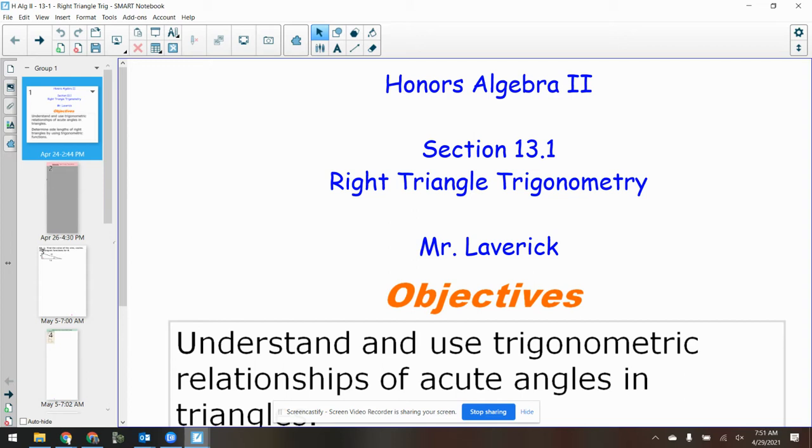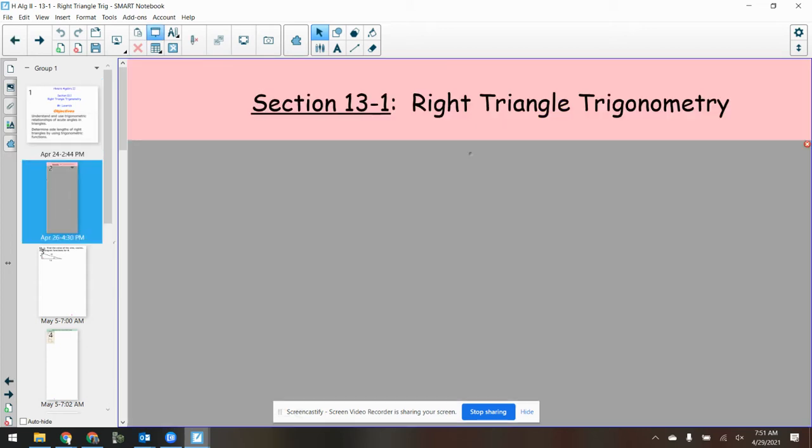Sine, cosine, tangent? That's what we're going to talk about today. Beyond today, it should be all brand new stuff. Except for, did you guys do law of sines and law of cosines? I don't know. Ring a bell? Maybe, maybe not. So maybe it's all going to be new. Okay? All right, so let's talk about right triangle trigonometry.